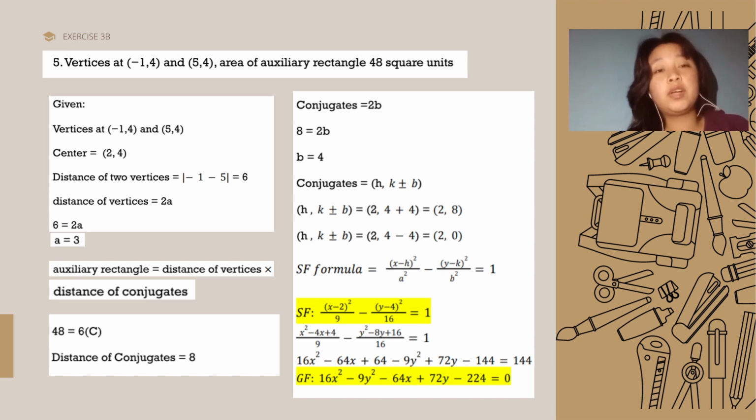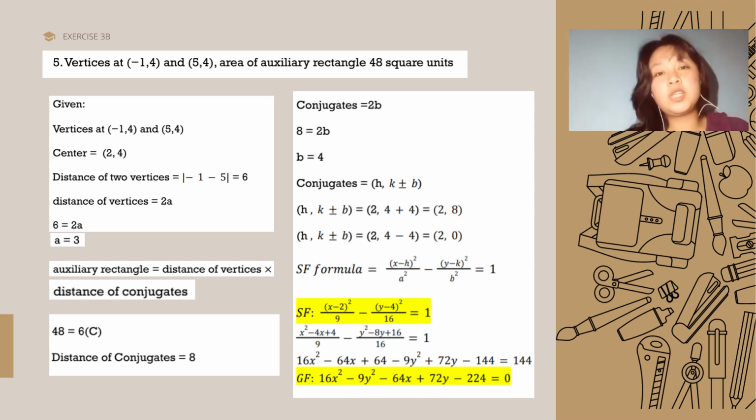So, the distance of the vertices will be negative 1 minus 5 is equal to 6. The distance of the vertices is 2a. In order for us to find a, we need to divide it. Yung 6, you need to divide it by 2. So, 6 is equal to 2a, which is a is equal to 3.